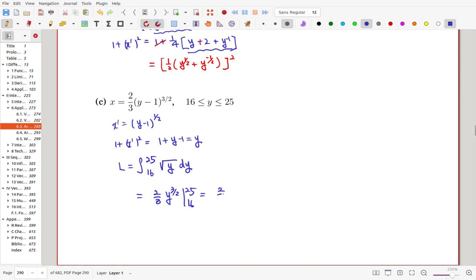So that is 2/3, and once it's 25, then that is 5 to the 3, so that is 125. And once it's 16, then 4 to the 3, so that is 64. You can simplify this one.